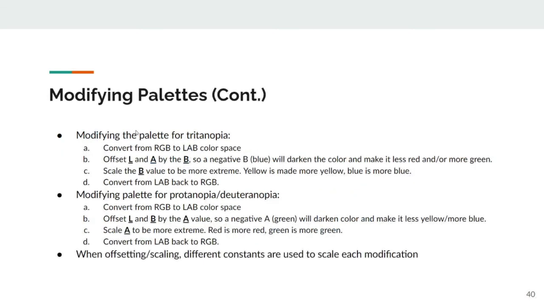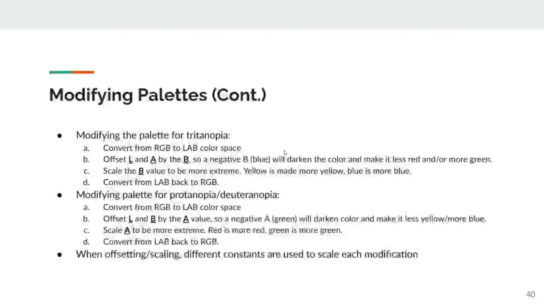So if you want to modify something for tritanopia to adapt for the lack of blue photoreceptors, again, I'm not great with the vocabulary, so I apologize. You move the L and A around so that they adapt more to what the B is.